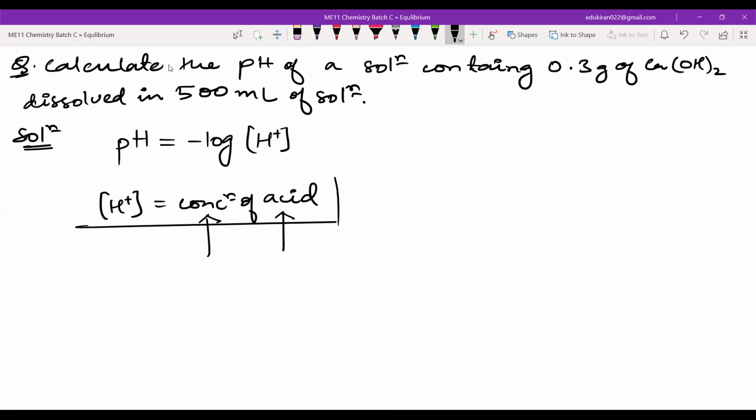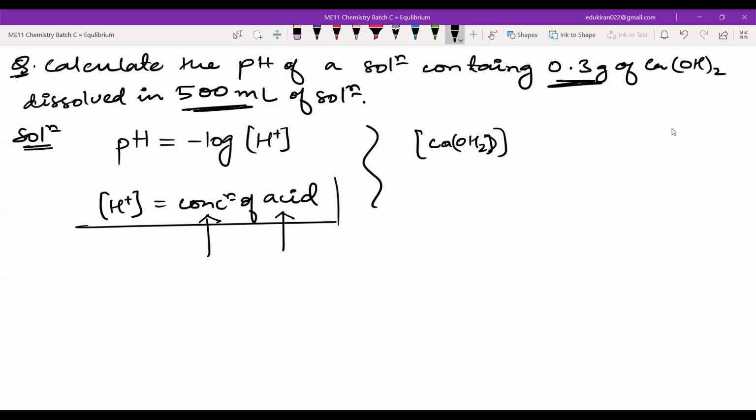So what have we been given? We have been given some mass of base and some volume. But I know that I can calculate the number of moles, and number of moles divided by the volume will give me the concentration. So not directly, but indirectly we have been given the concentration of Ca(OH)2, right? Yes or no?